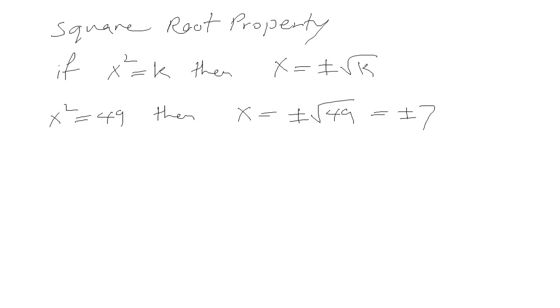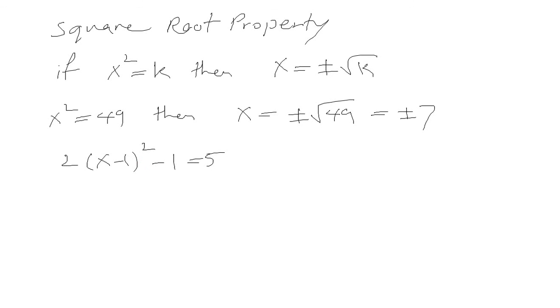So this is the square root property, and sometimes it's easier to use the square root property when you're solving a quadratic equation. For example, if I have 2x minus 1 squared minus 1 equals 5, since I have this x minus 1 squared here, first of all, let me tell you that you can use the quadratic formula here, but first you have to write this in standard form.